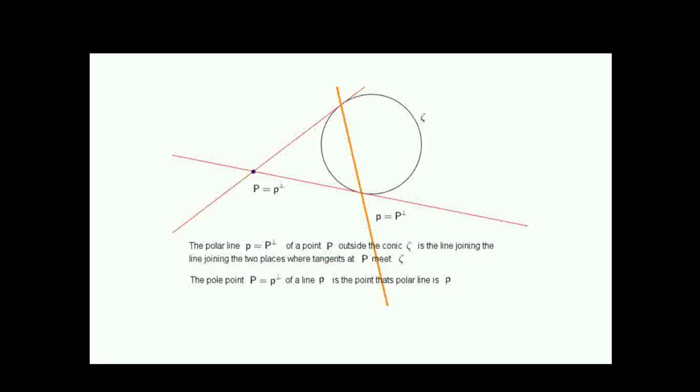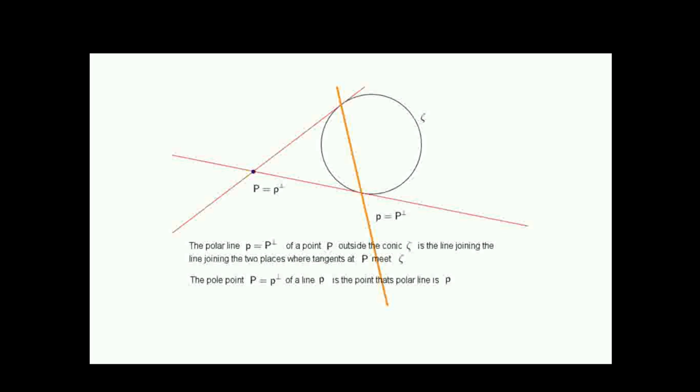And it's got lots of different names. So anyway, just as every point has an associated polar, every line has an associated pole. And in fact, the pole of a line is just the point whose polar is that line. So if you like, it's kind of doing the inverse operation, if you think of this perpendicularity as something that maps points to their polars.